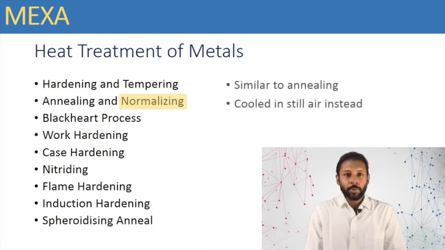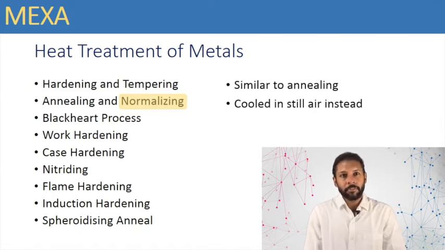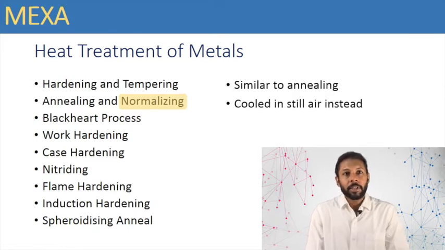Normalizing is similar to annealing, but the difference between full annealing and the normalizing process is that in annealing, the material is cooled slowly in the furnace, whereas for normalizing, the material is cooled in still air outside the furnace. These processes of full annealing and normalizing are mainly used on castings, since they will usually have a variation in size and shape of grain.